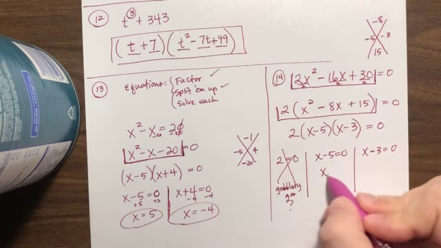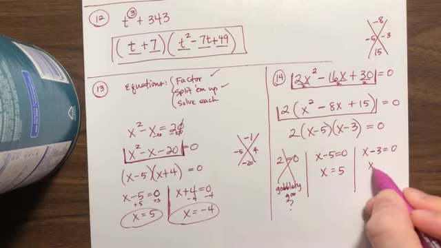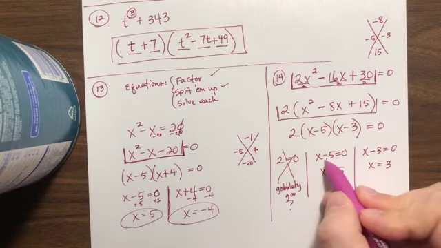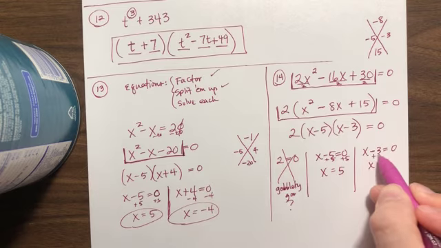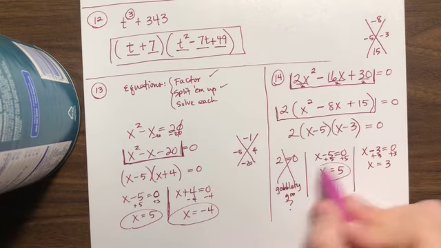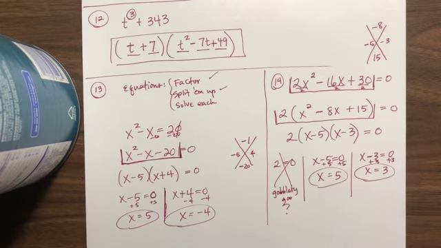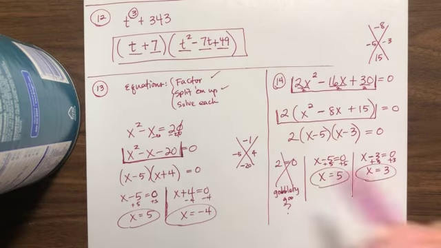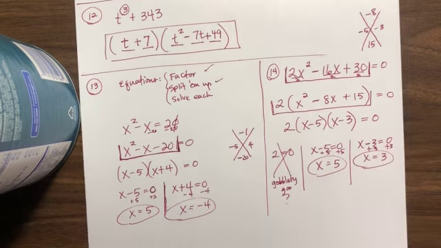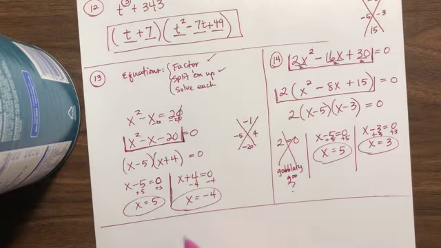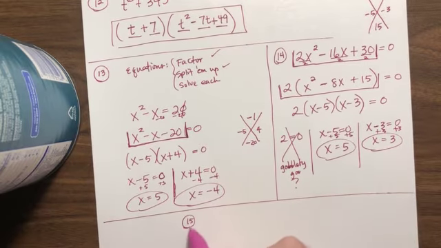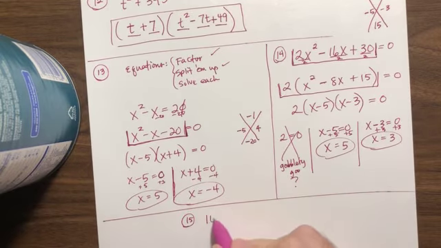This one gives me x equal to +5, and this one gives me x equal to +3, because I'm adding 5 and I'm adding 3, right? Boom. So I have two answers. This 2 didn't do anything to find my answers. It's just kind of redundant. You know what that word means? It means you don't need it.